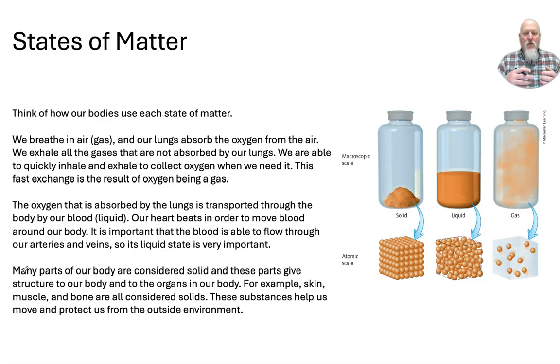So we can think about how our body, or humans, use the different phases, right? To survive, we have to intake oxygen, and we do that by breathing. We inhale the oxygen, it ends up in our lungs, and our lungs absorb the oxygen.